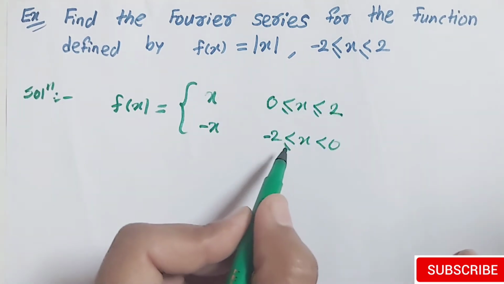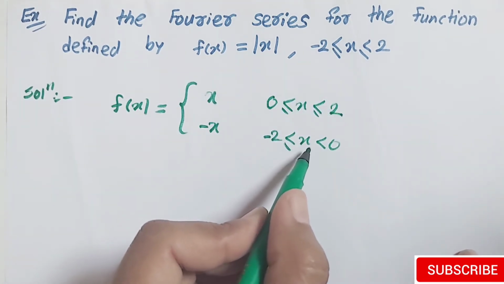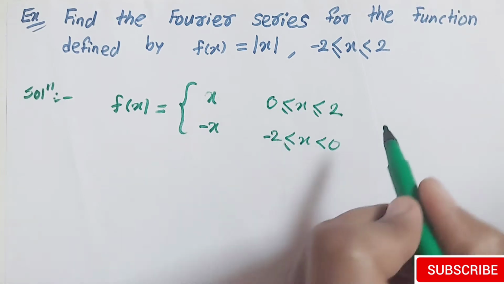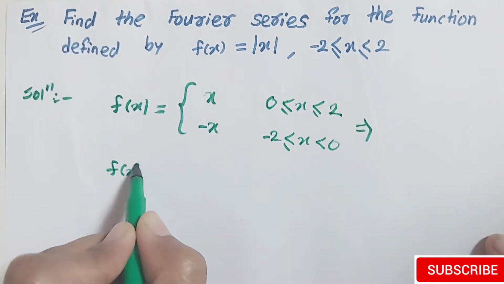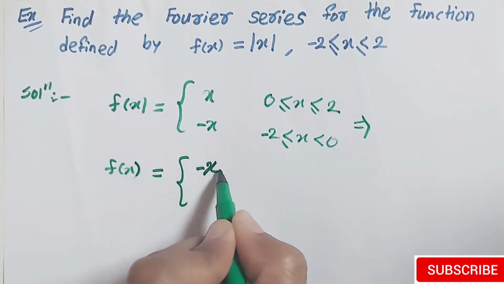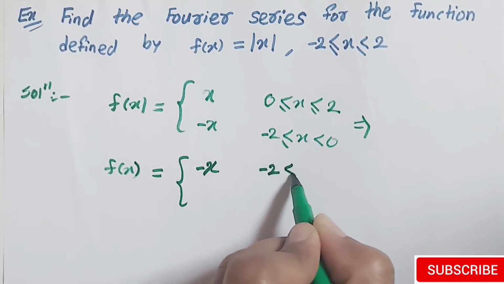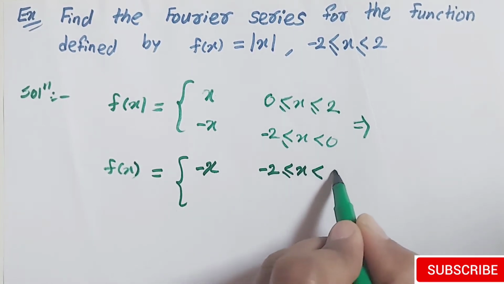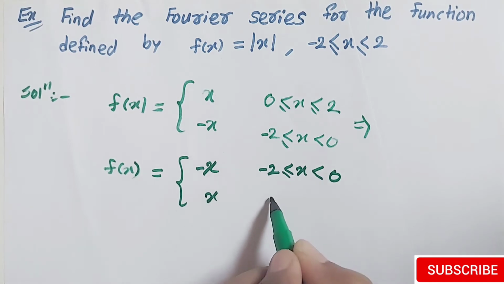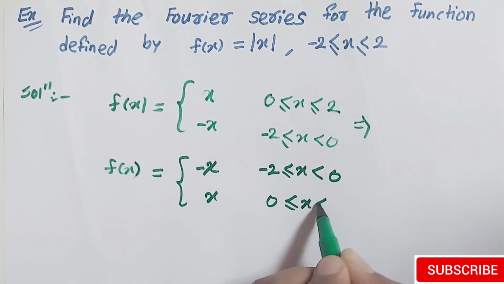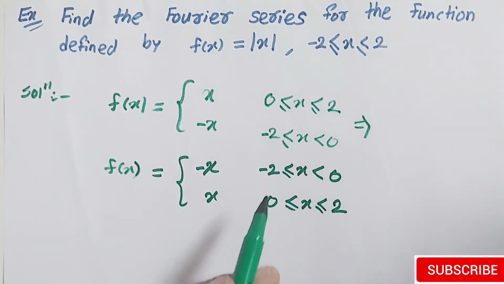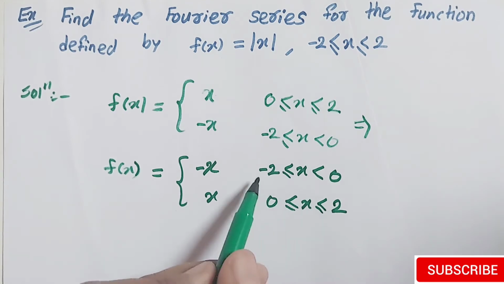So it is less than equals to, so we take minus 2 less than equals to x less than 0. So here our function is divided into two parts. Value of function is minus x in the interval minus 2 less than equals to x less than 0, and it is x when 0 less than equals to x less than equals to 2. Here our interval is minus 2 to 2.